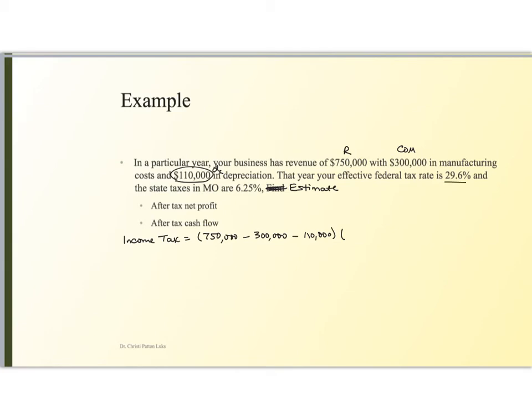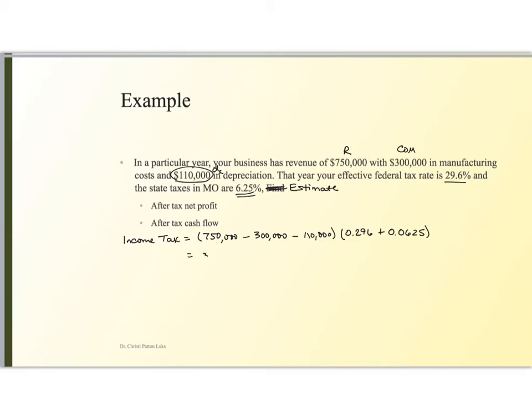Now, the federal tax rate is 0.296, but I also have state or local taxes. In this case, I have state taxes to worry about. So my total tax rate is going to be more like 35%. 36%, I guess, would be closer.